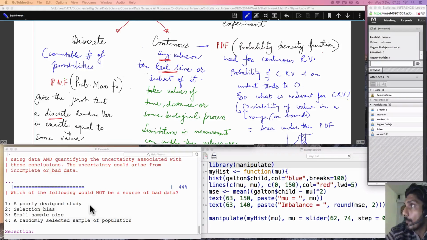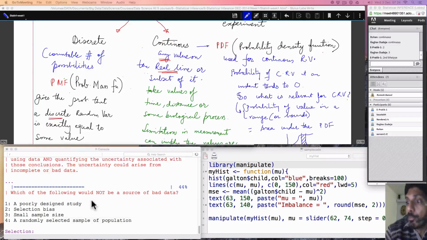Raghav says small sample size. Okay, so Lavita says randomly selected. Yeah, Lavita said that. I already read that out. Saravani says randomly selected. Okay, so Pratik is saying selection bias. Okay. So let's look at it.